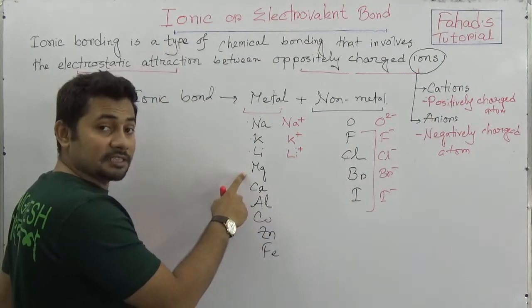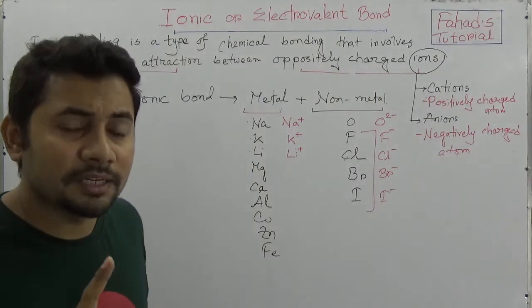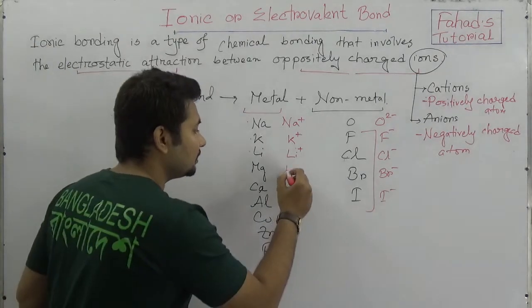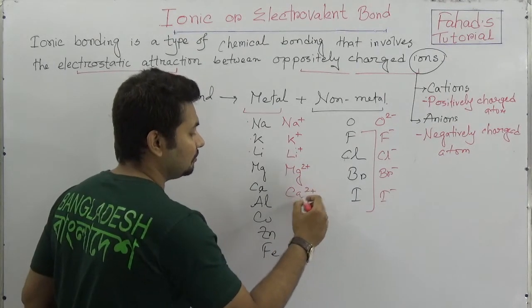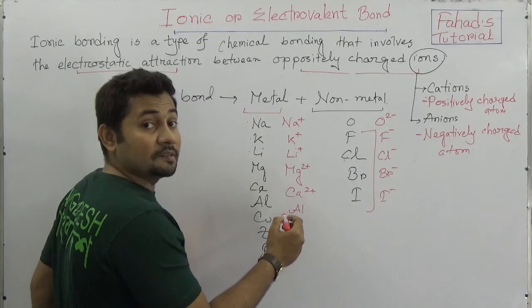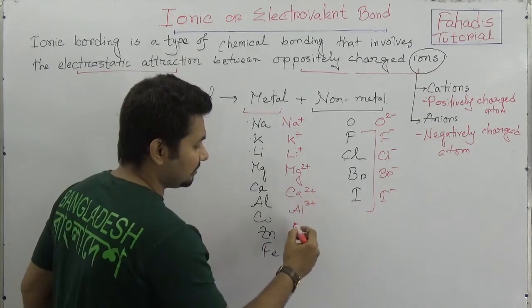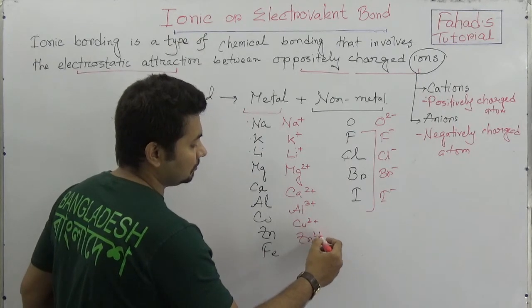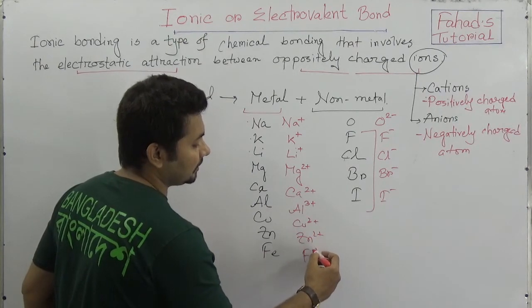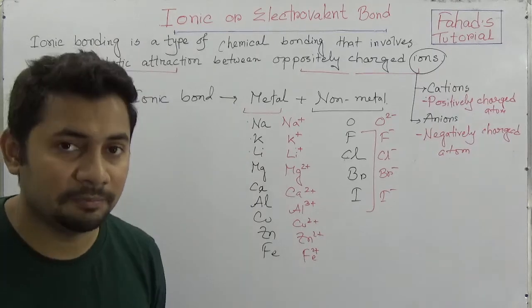Magnesium has 2 electrons in its outermost shell, so magnesium becomes 2 plus, calcium 2 plus, aluminium 3 plus, copper 2 plus or even 1 plus, zinc 2 plus, iron 2 plus, or even iron can be 3 plus.